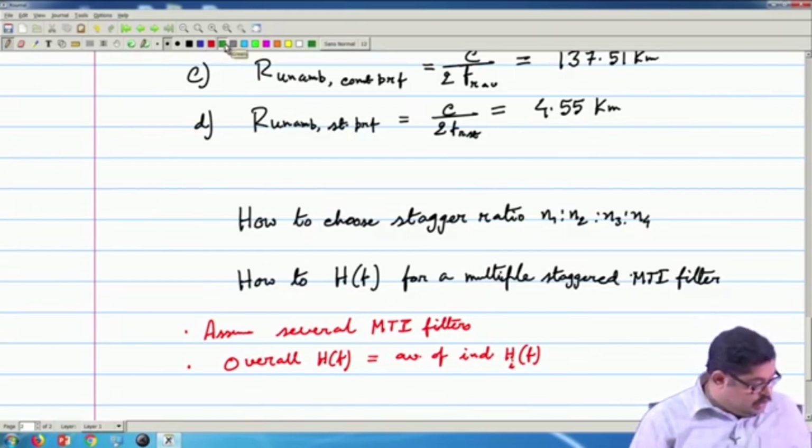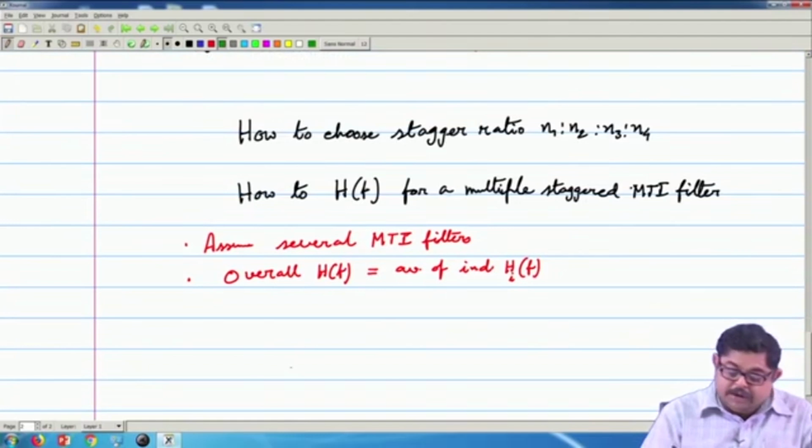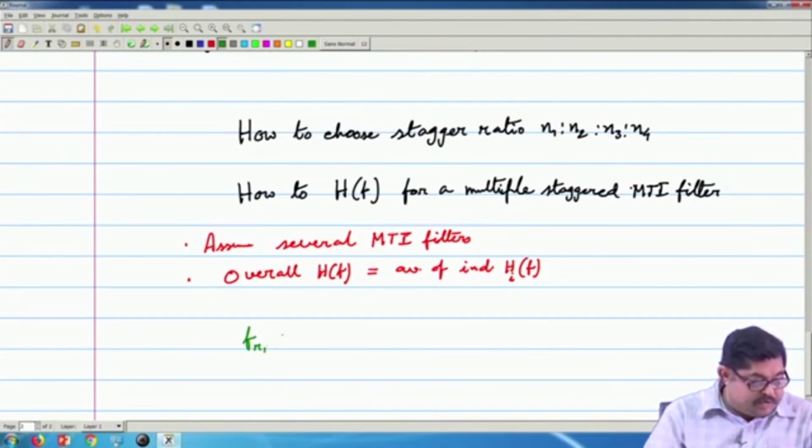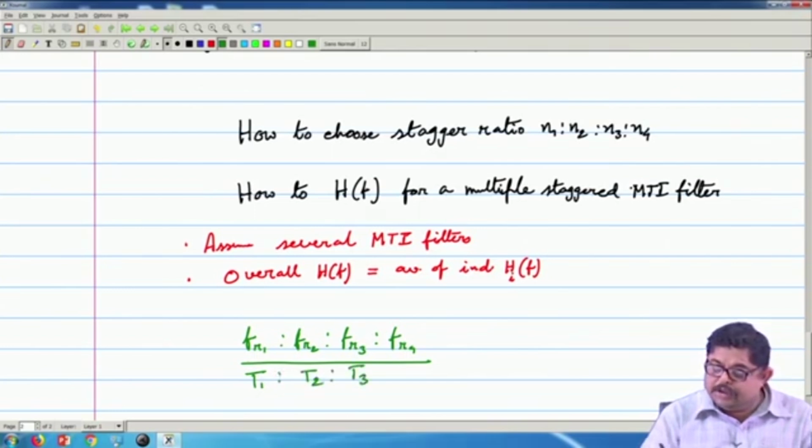So, if I have the 4 staggering PRFs, let them be FR1, FR2, FR3 and FR4, 4 staggering PRFs. The corresponding PRIs will be T1, T2, T3 and T4.